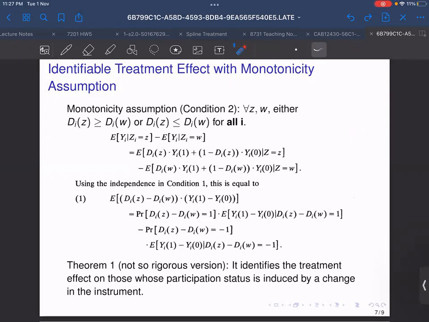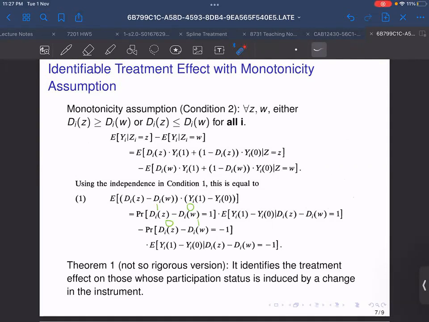All right, so if we assume that, remember here diz has to be 1, diw has to be 0, and here diz has to be 0, diw has to be 1. So you see that only one of these can hold true, and it holds true for every single individual, all right?